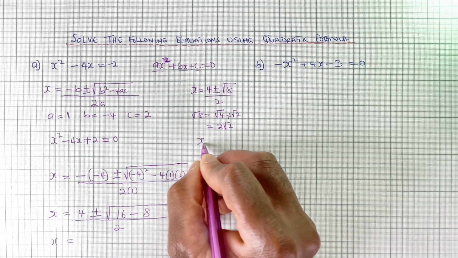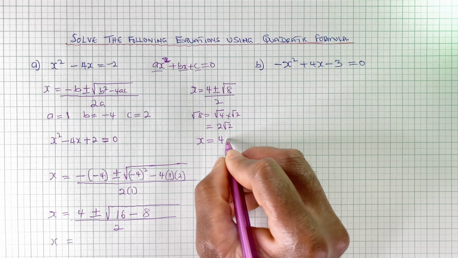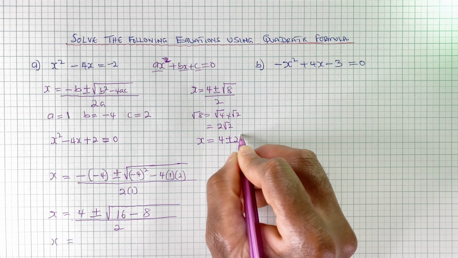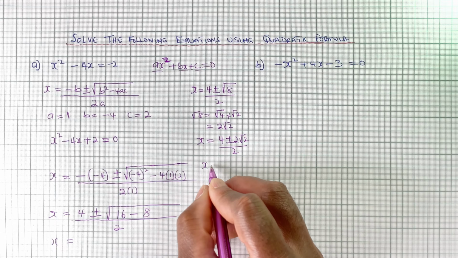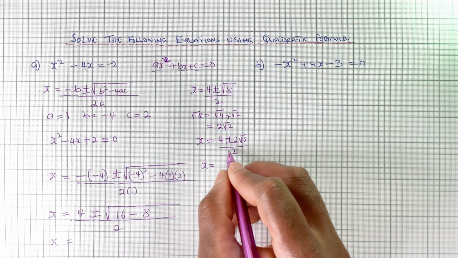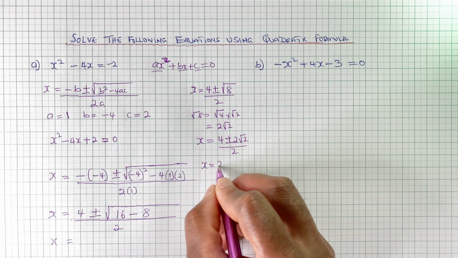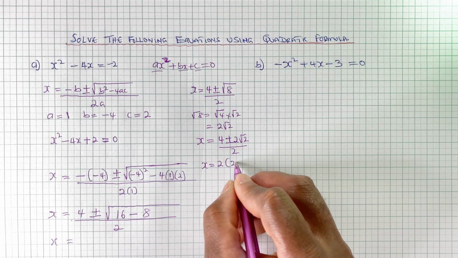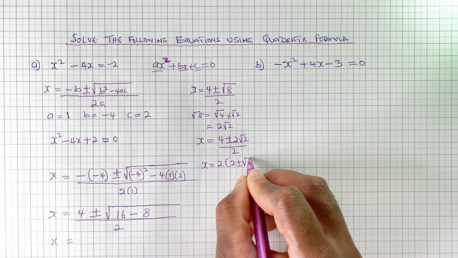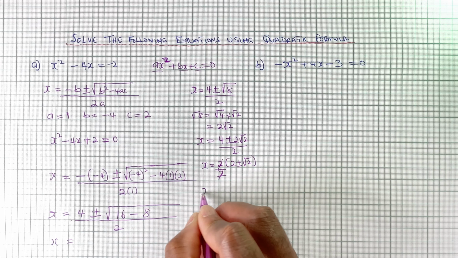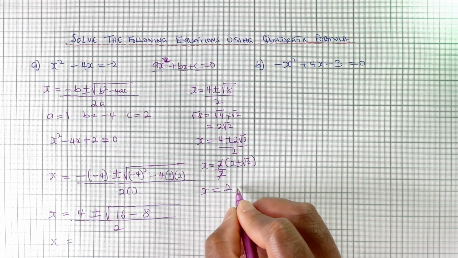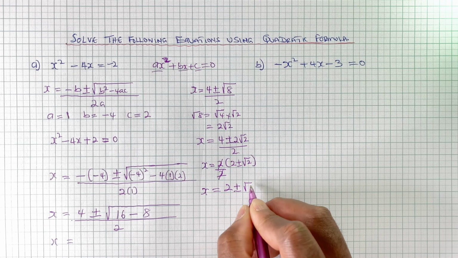So therefore x will become 4 plus or minus 2 root 2 over 2, which means x equals, now 2 is a common factor, 2 into bracket 2 plus or minus root of 2, over 2. 2 cancels 2, x equals 2 plus or minus root 2.